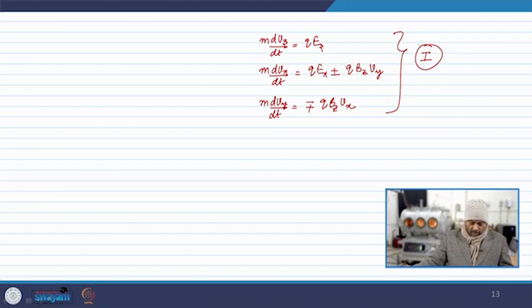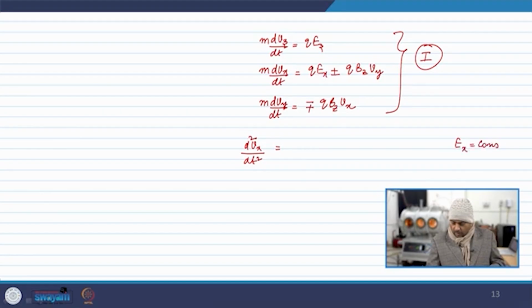So, we take double derivatives of these equations. We say d square vx by dt square. Charge is a constant, and the electric field can be assumed to be a constant. You have to do it by assuming Ex to be constant in time, that means a static electric field.